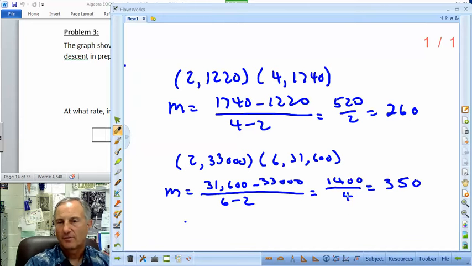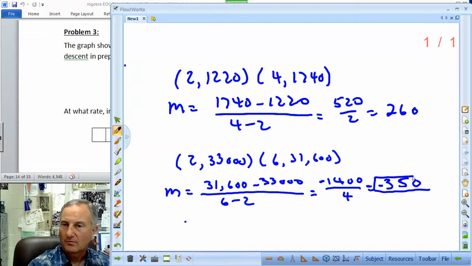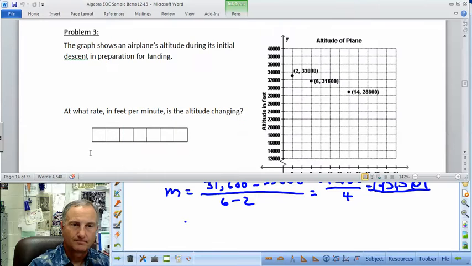Okay. 350 times 4 is 1,400. So we're descending. Oh, and again, this was a negative up here, so that's a negative. That's going to be important. So when you put your answer in here, make sure one of the boxes has the negative in it. Okay? Negative 350.